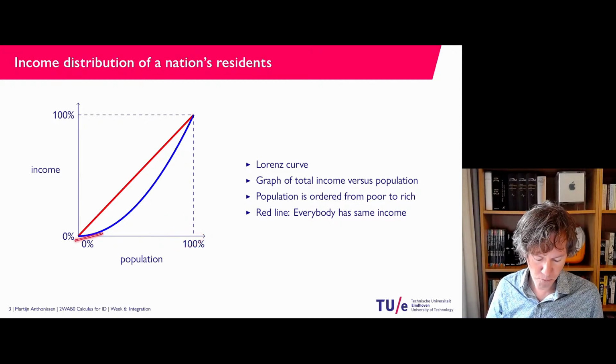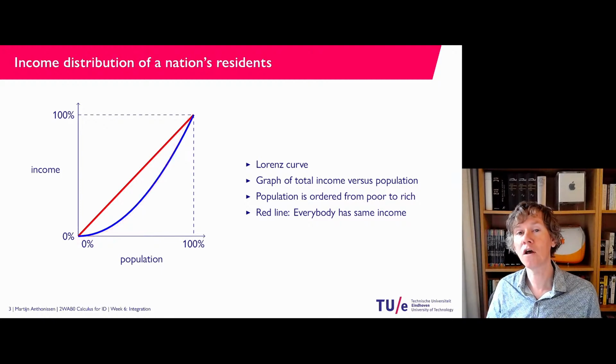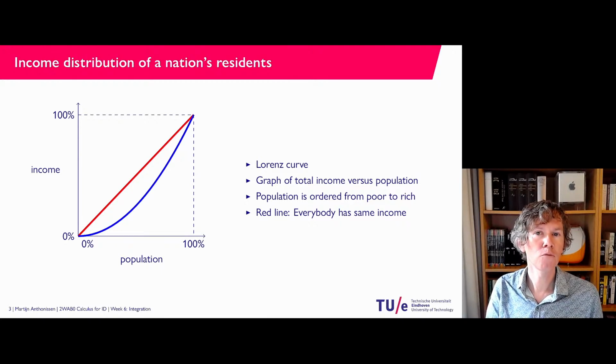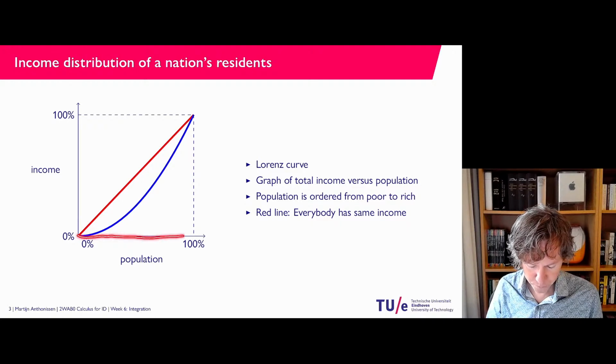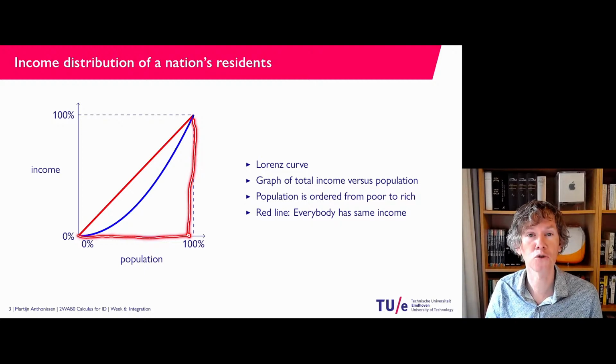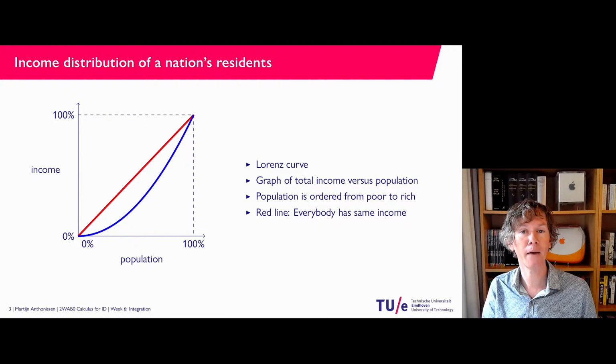And the further this blue graph is away from the red graph, the more uneven the income distribution is. So in the extreme case that there is only one person who gets all the money that is earned in a country, you would have a flat line here. So it would go like this. And then on the very right, there is this one person and he gets everything. It jumps to 100%. And everything in between can happen, of course.